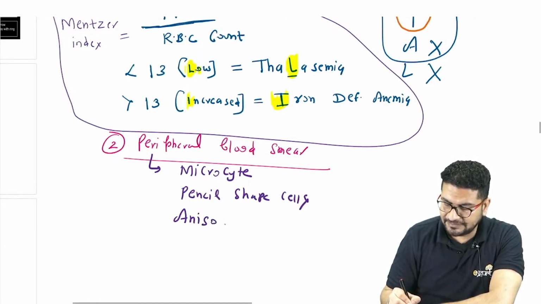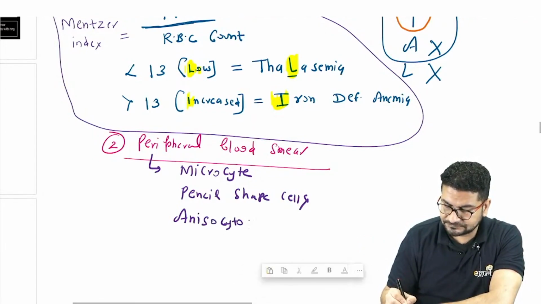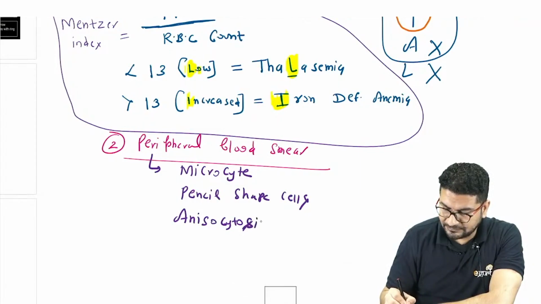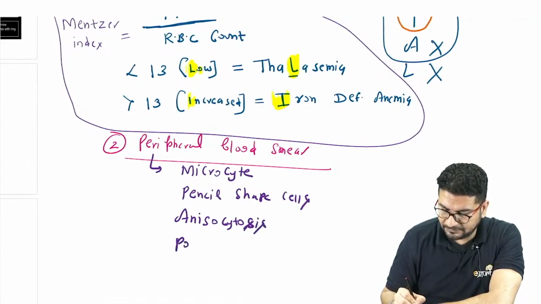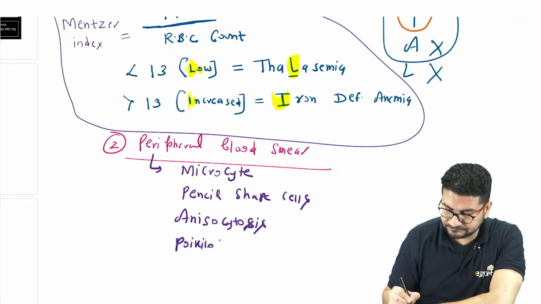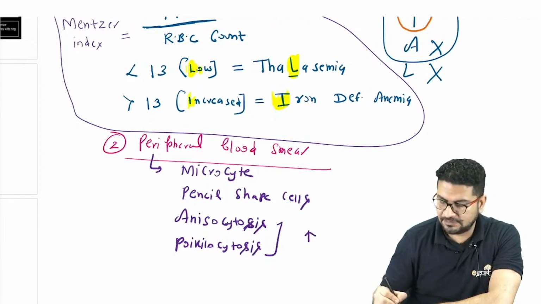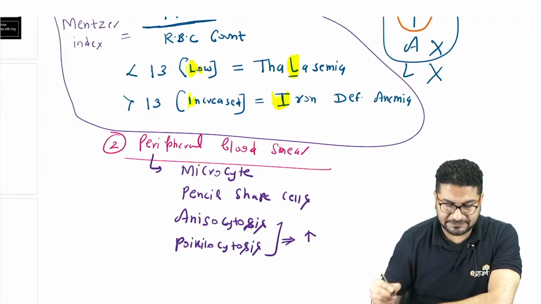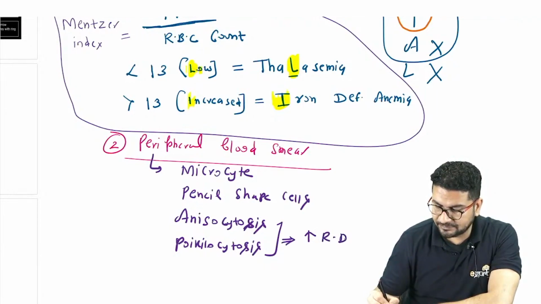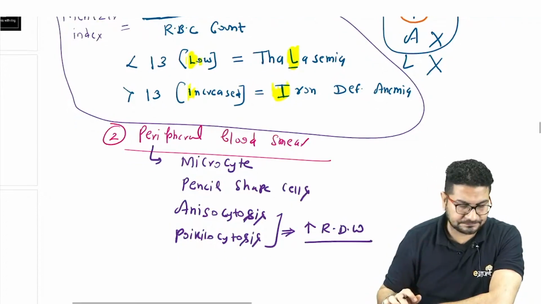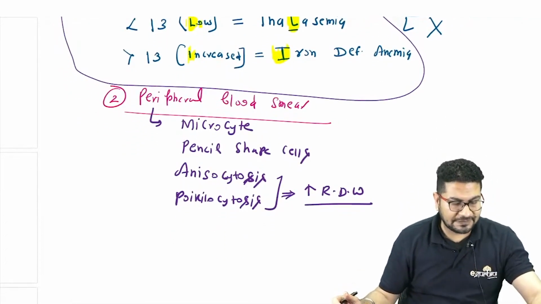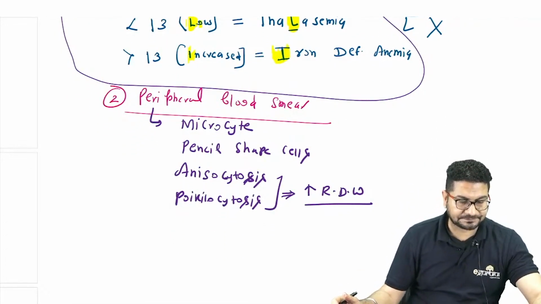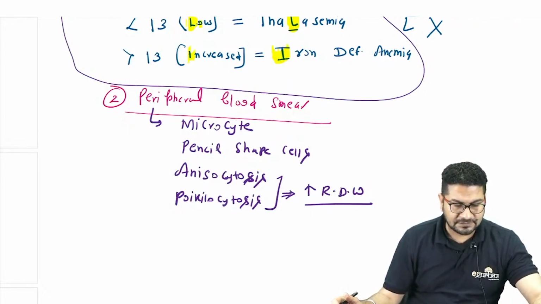You can see anisocytosis and poikilocytosis, which I told you before means different shape and size. So what will increase? Red cell distribution width will increase.